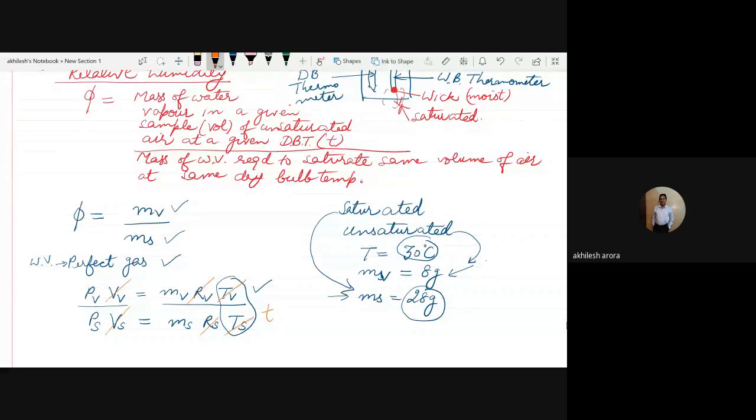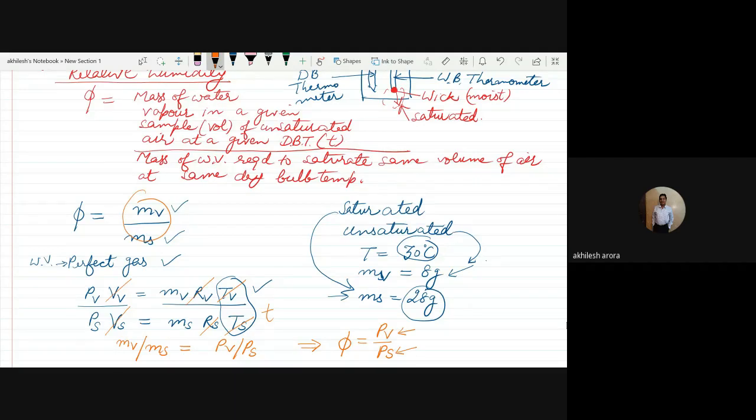So I am left with mv by ms is equal to pv by ps. Which implies that phi, because phi is given by mv by ms, is equal to pv by ps. So it is the partial pressure of the water vapor for the unsaturated air, and this is the partial pressure of the water vapor corresponding to the dry bulb temperature when the air gets saturated.